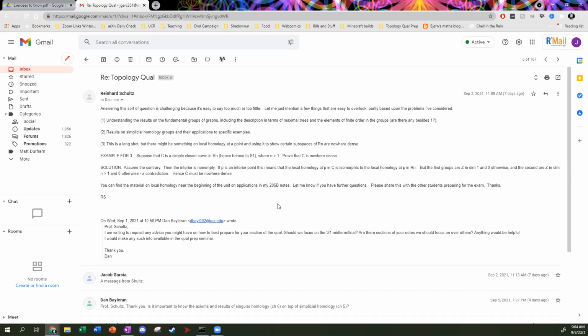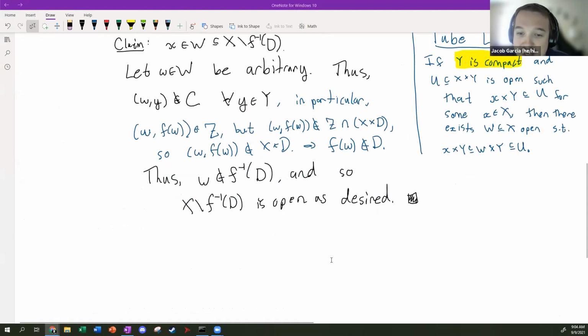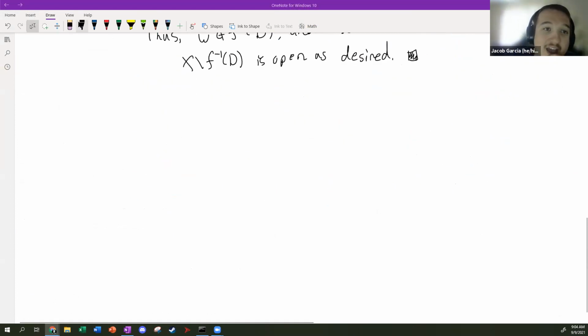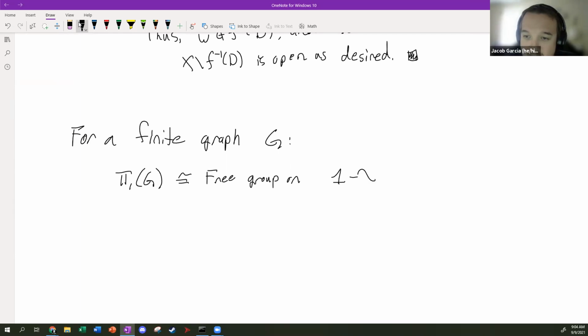And then you just count the number of circles and you get the free group on that many generators, right? For me, I prefer the fact that for a finite graph G, the fundamental group of G is isomorphic to the free group on 1 minus the Euler characteristic of G generators, because then I just have to count.